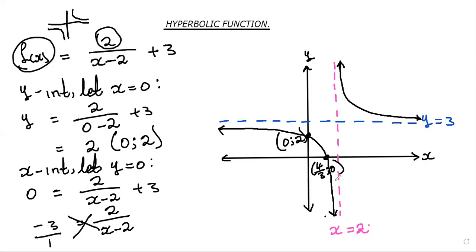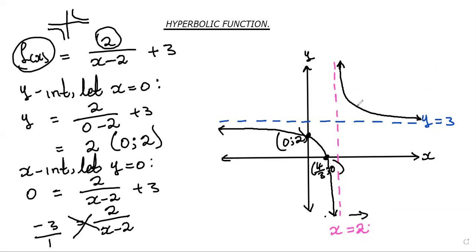So let's go to the calculator and substitute any value of x that is greater than 2 into the original equation. If we substitute 3, for instance, you say 2 divided by (3 minus 2), and then you say plus 3. Then we find a y value of 5. So what is the meaning?